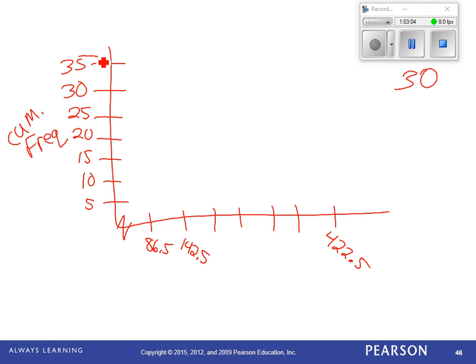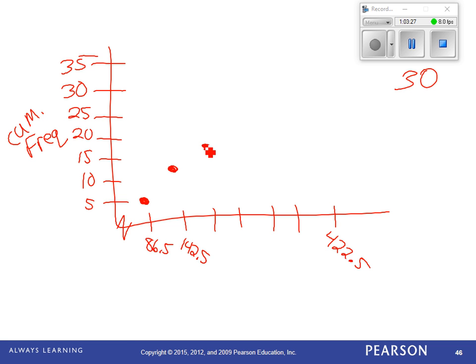And you're just going to put each one at 86.5, there was 5 GPSs at or below that. At 142.5, there was 13 GPSs at or below that. Then 19 at the next one.